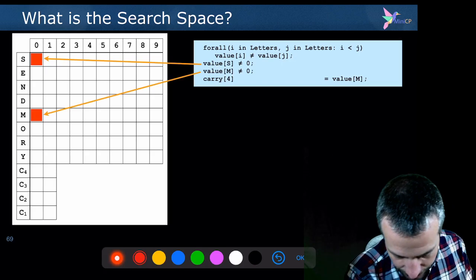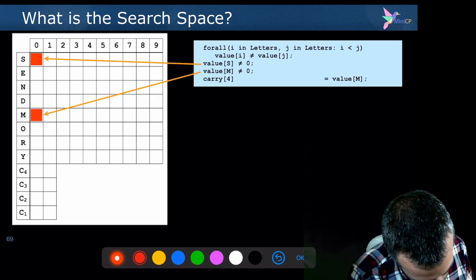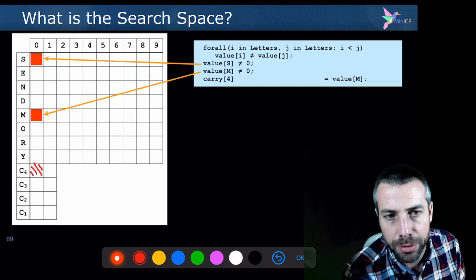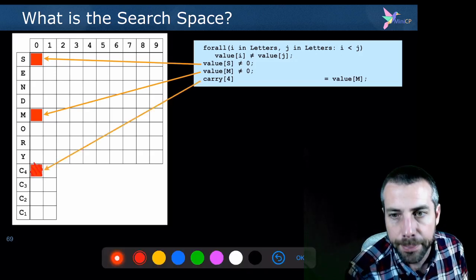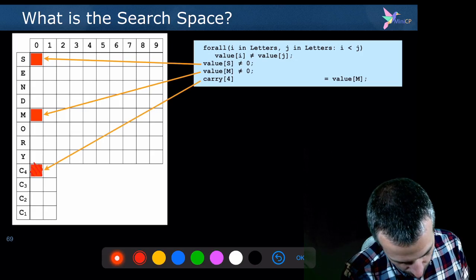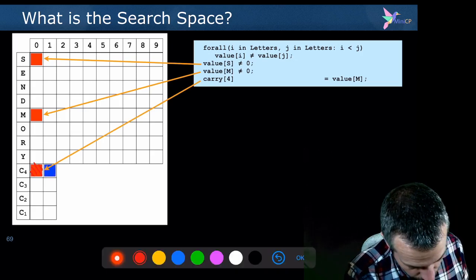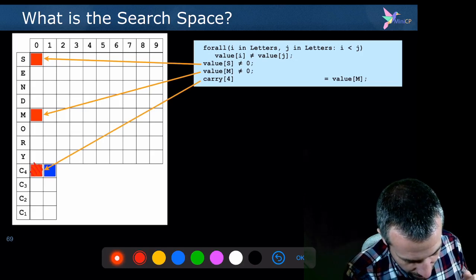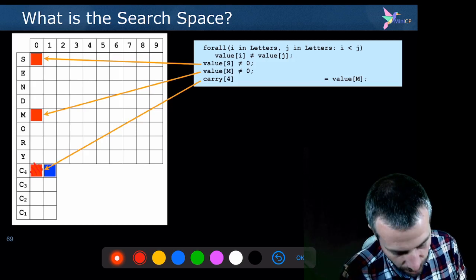And since the carry 4 is equal to the value of M, it means that 0 can also not be a valid value for this variable, and so you put it in red as well. Now since this cannot be 0, we have already deduced that the carry 4 must be equal to 1.